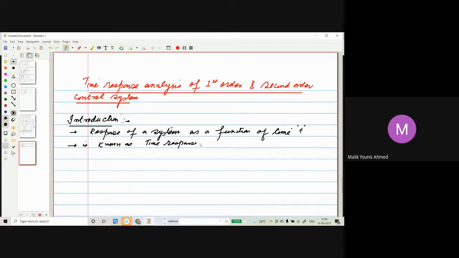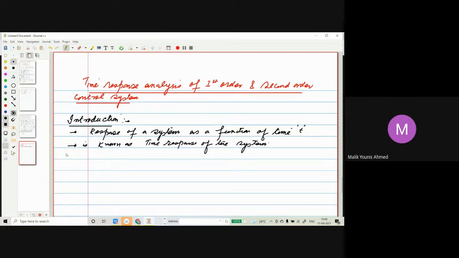Basically, if we are giving some input to the system, then after processing that input, how much time it takes to give output and what type of output it gives. When we see the response, that analysis of any system is called the time response of a system.